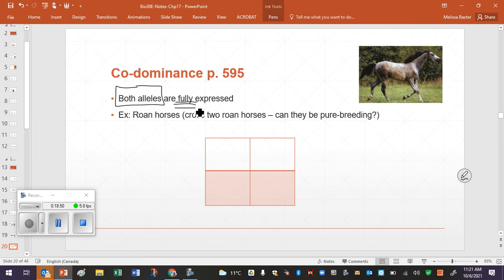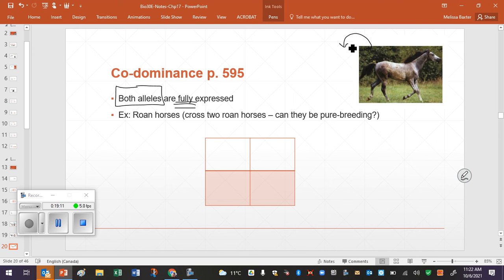So we're going to use roan horses as our example here. From far away, you might not be able to tell, but a roan horse actually has 2 different colors of hair, usually one light color and one dark color. The exact shades can vary from black to brown to red to beige to white, whatever.